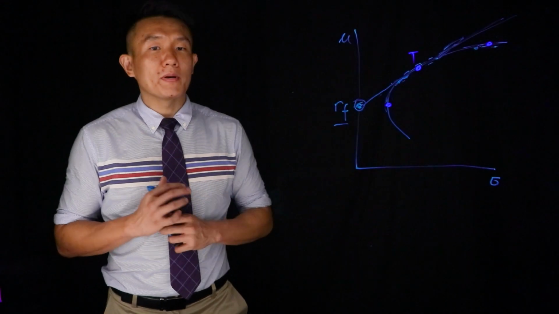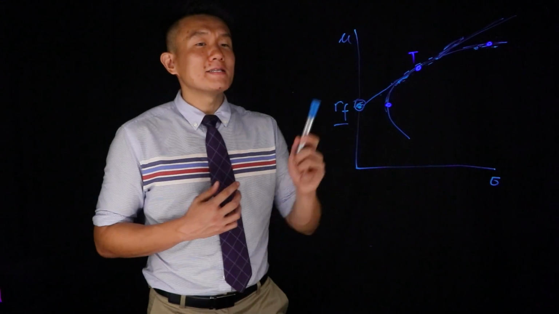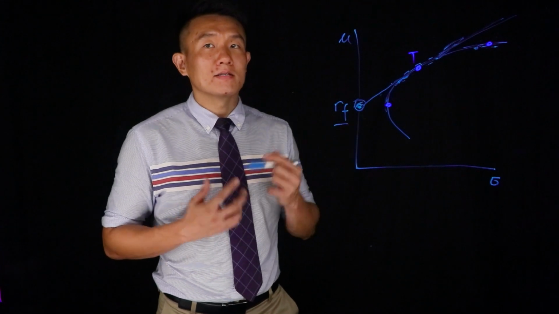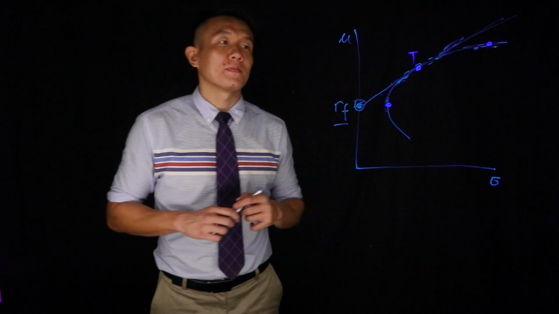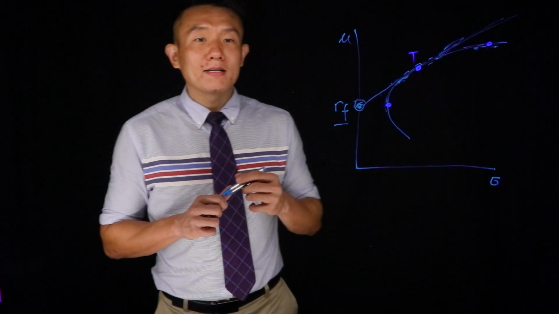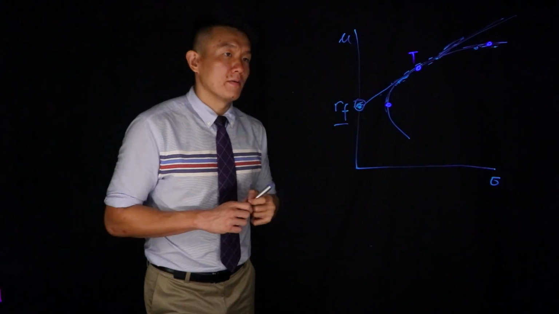So if we look at this picture, what defines the tangent line? Well, what defines a tangent line is that it's the highest line that connects the risk-free rate with the efficient frontier. The highest in the sense of having the greatest slope. So what's the slope?